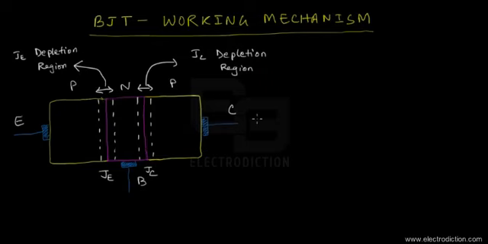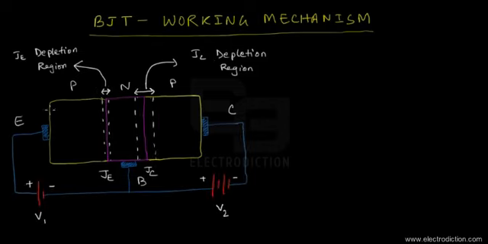Now if we connect voltage sources, what would happen? Let's check it out. Now you can see the difference that it makes upon connecting the voltage sources. We have forward biased the emitter base junction, that's the emitter junction, by connecting this voltage source V1 across the emitter and the base terminals.